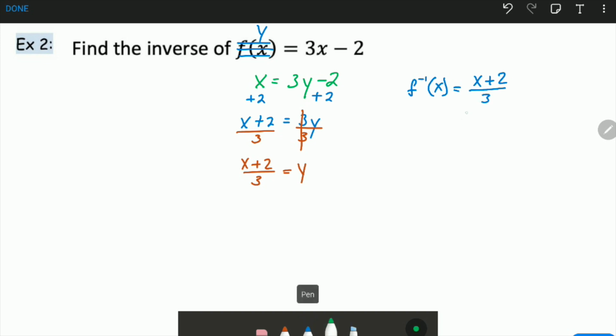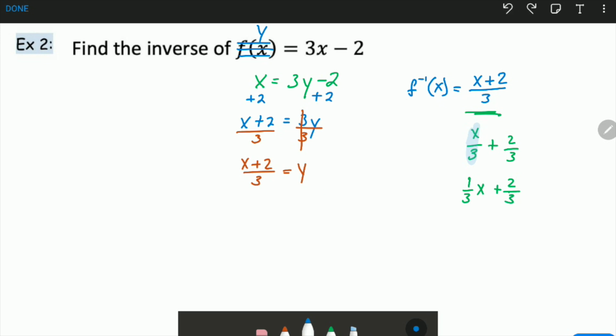We could also write the expression on the right as x over 3 plus 2 over 3, dividing each term individually by 3. We could also write the fraction x over 3 as 1/3 x plus 2/3. All of these are correct, and you can also use either the f inverse notation or the y equals notation with any of them.